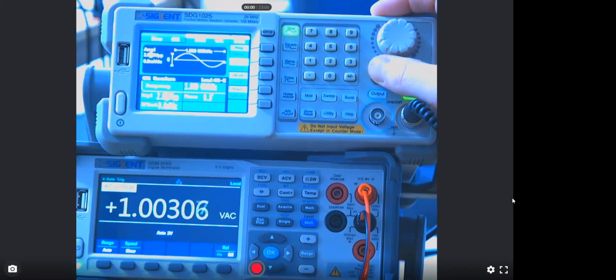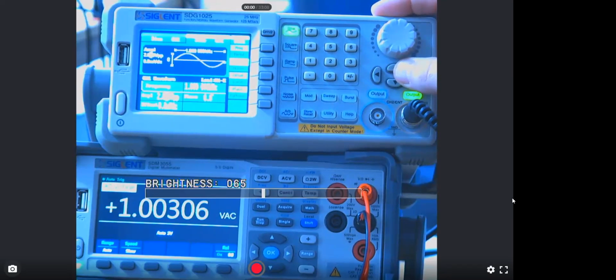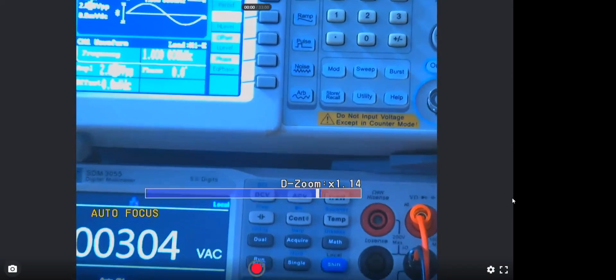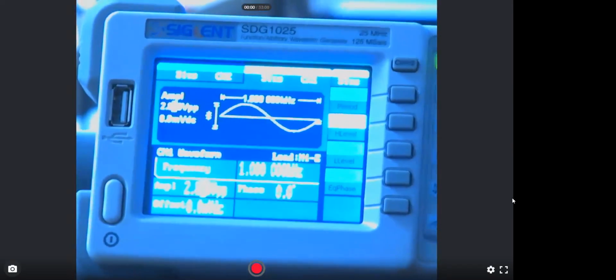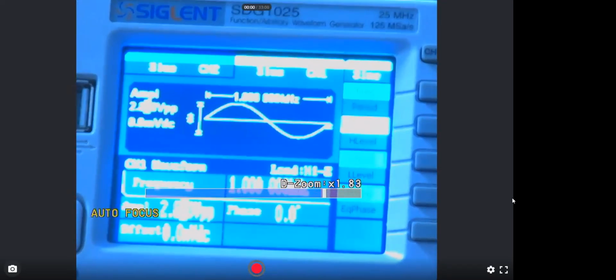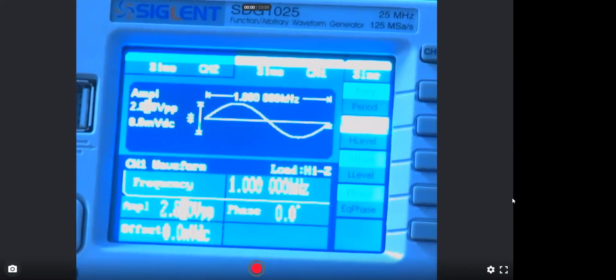All right. So on your amplitude on your function generator, oh, it's not what I want. I could read it a little better.